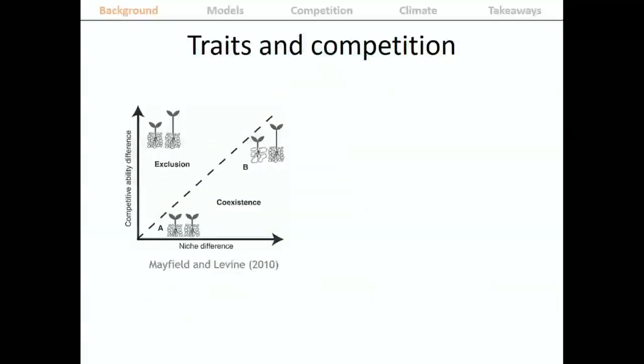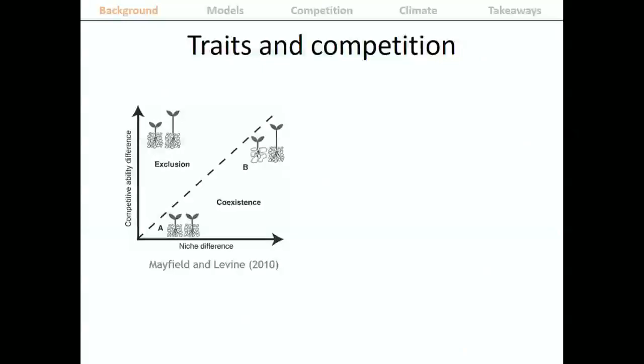So there's a number of ways in which we can think about how traits might impact this tree in terms of competition. Mayfield and Levine produced this paper that nicely summarized coexistence theory in terms of two different axes of functional traits. For example, we can think about the bottom axis here, niche difference, just how dissimilar you are in terms of trait values, like the absolute value of difference in those functional traits between you and your neighbor.